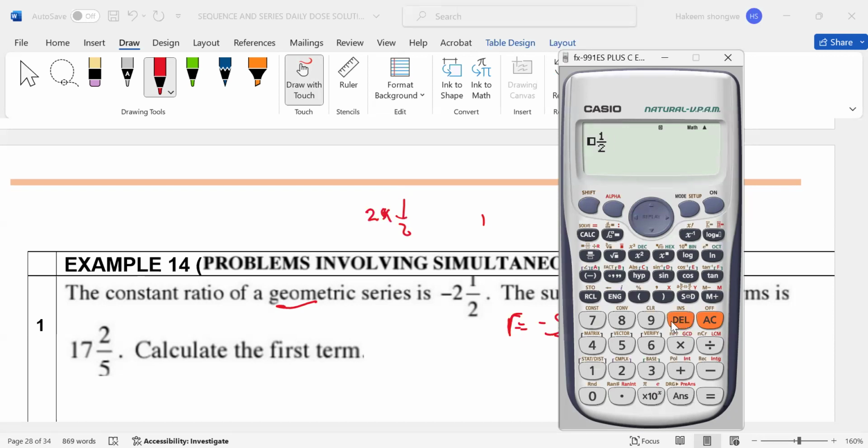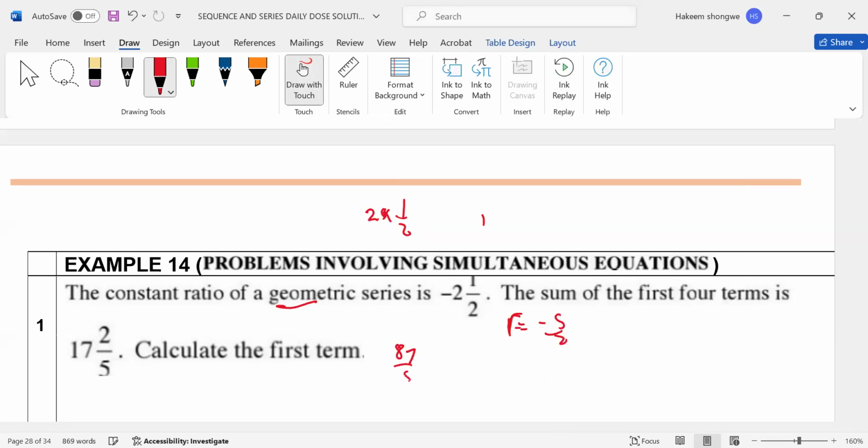You have 17, and then you have 2, all over 5. And then you get what? So this is 87 all over 5.